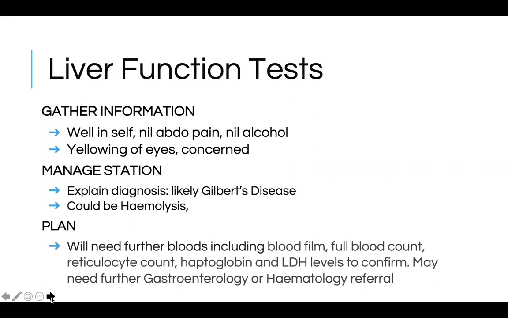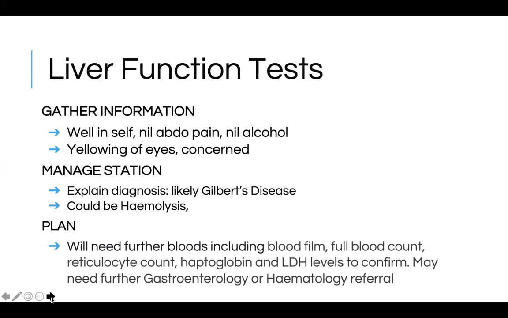You're explaining the diagnosis that yes, the patient is well, but it could be Gilbert's disease. About 75–80% of patients with that type of blood picture have Gilbert syndrome. But we'll need further tests, including a blood film, haptoglobin and LDH levels, and may need gastroenterology or hematology referral for a non-invasive liver screen.